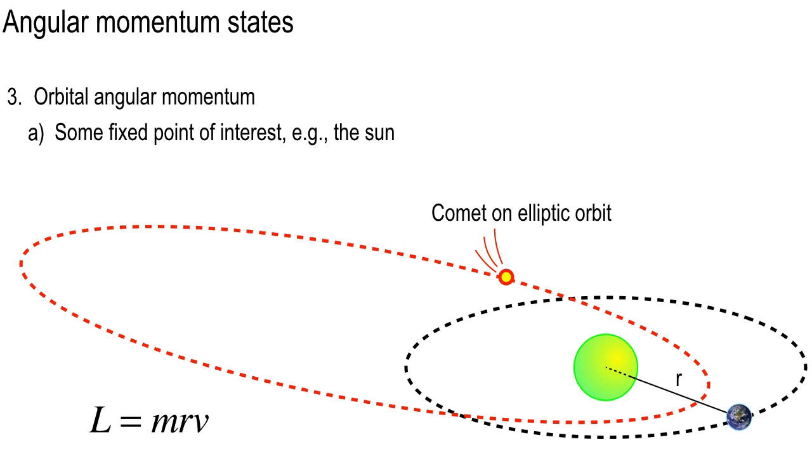It's got a different angular momentum state, but you can calculate the angular momentum for a comet. Now to do that, you'll use a lot of trig and a little bit of calculus. Well, quite a bit of calculus. So we're not going to do an elliptical orbit.